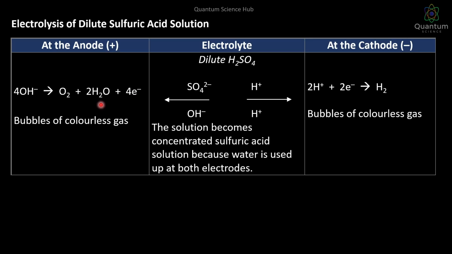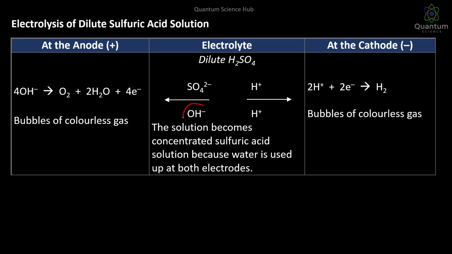The observation here is bubbles of colorless gas, because the product is oxygen. And at the cathode, you don't have any other choice instead of H positive, right? So 2H positive plus 2 electrons produces H2. This is hydrogen gas. So what can you observe? Bubbles of colorless gas as well.